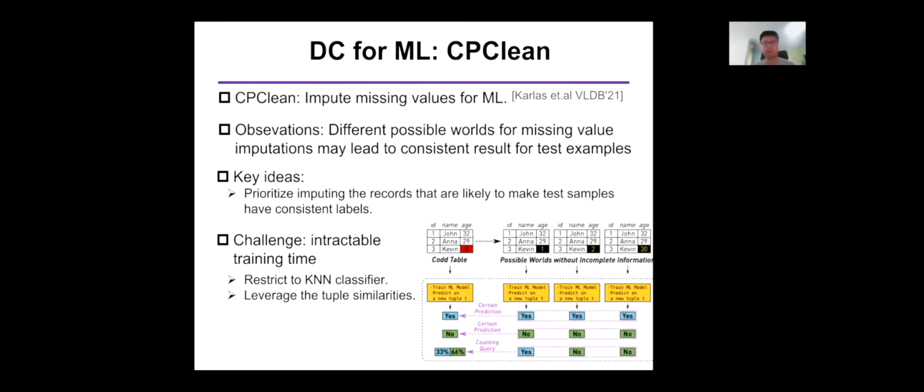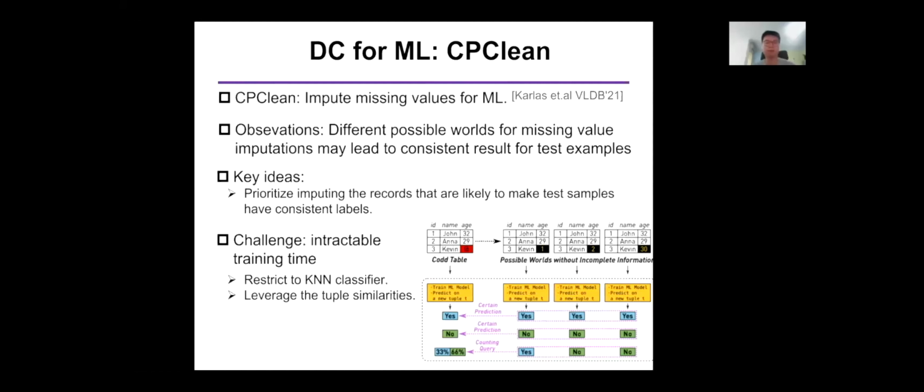Intuitively, if all test examples are certain predictions, it is wasteful to impute the missing values. Therefore, the optimization goal of CPClean is to prioritize imputing the records that are likely to make the test examples have consistent labels, that is, to be certain predictions.